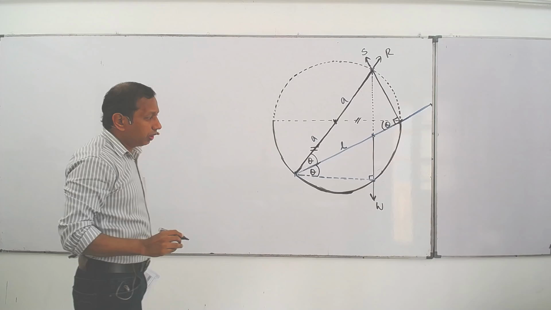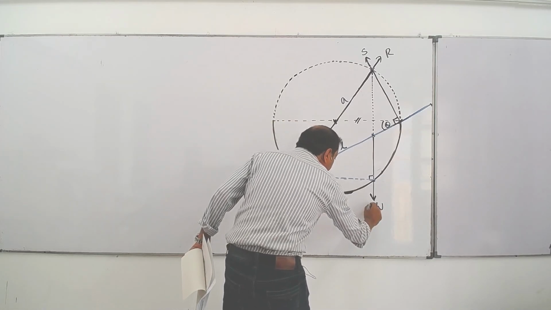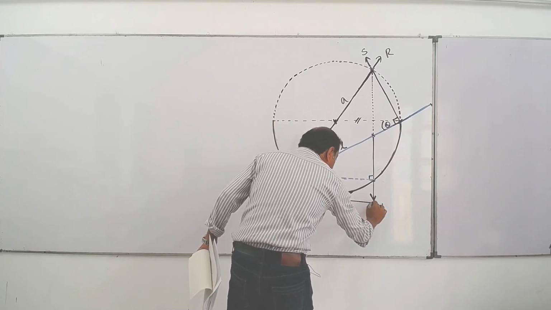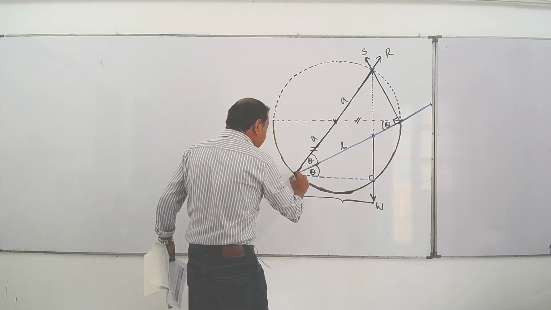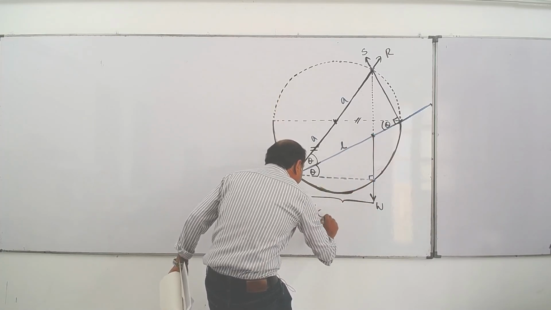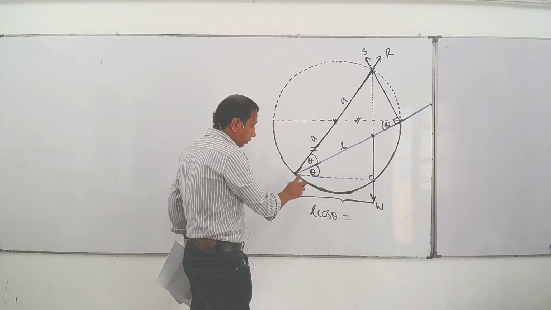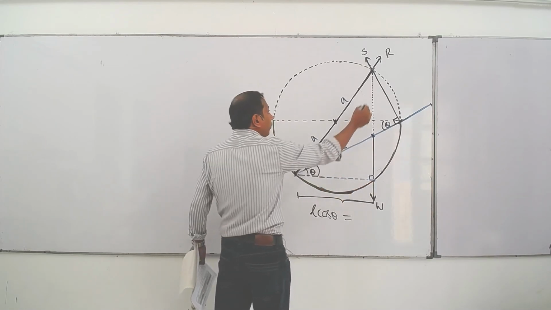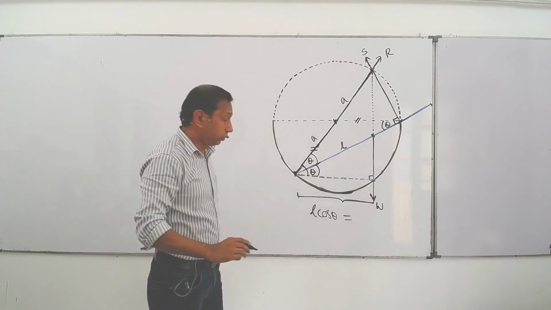Then we can write this length in two ways. First way: from here to here is L, this angle is theta, therefore this is L cos theta. It equals the same length written here, where this angle is 2 theta, from here to here 2a, so 2a cos 2 theta.